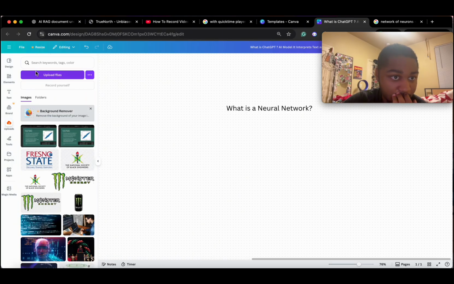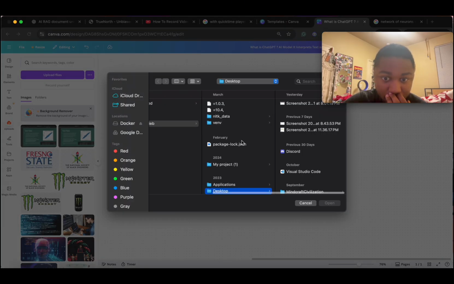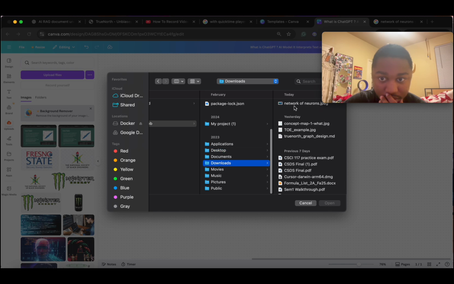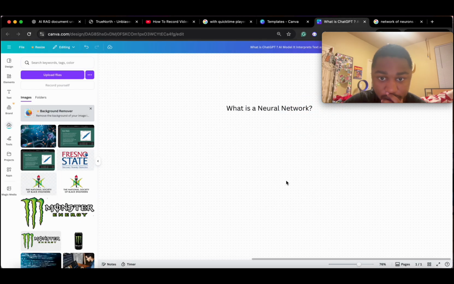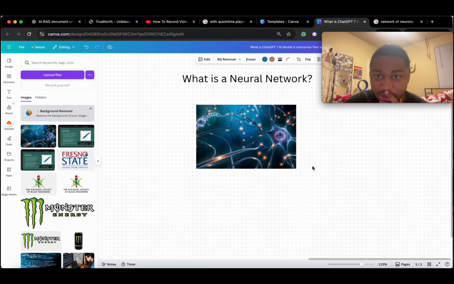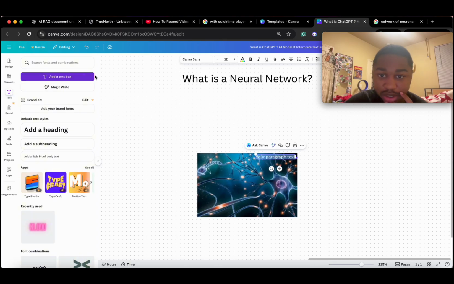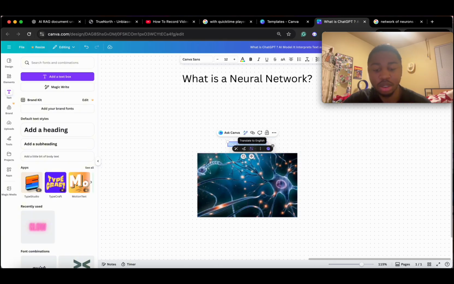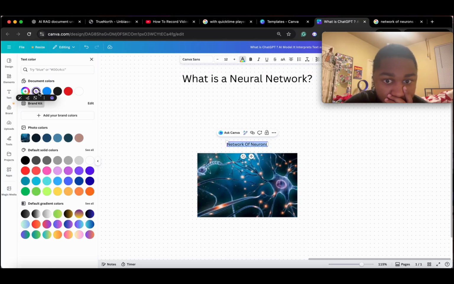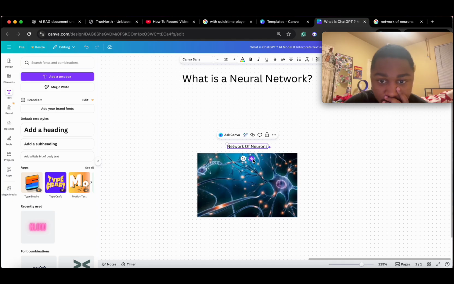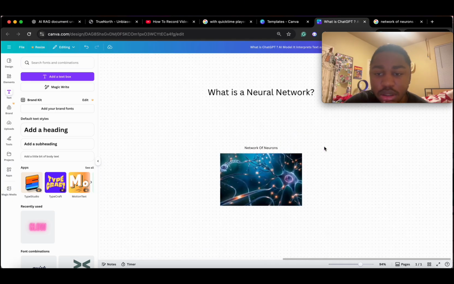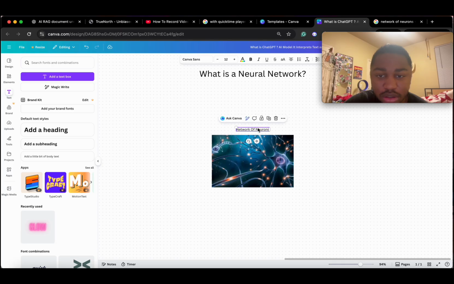And so yeah, this is a network of neurons right here. Network of neurons.